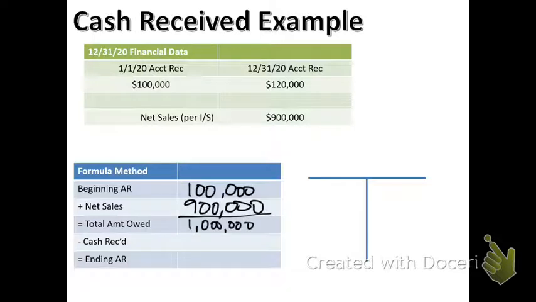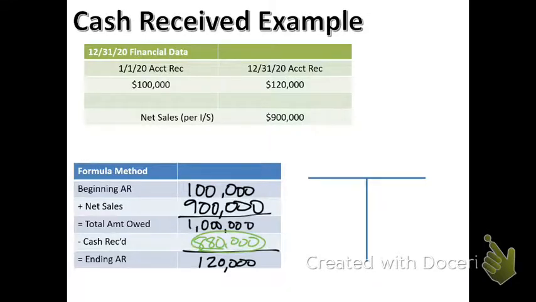Well, I can't just find my cash received, but I can find how much I'm owed at the end of the year. So I can see at the end of the year I was owed $120,000. So $1 million minus my missing number gives me 120. Tells me that I received cash of $880,000, and that's the number I'm trying to calculate.